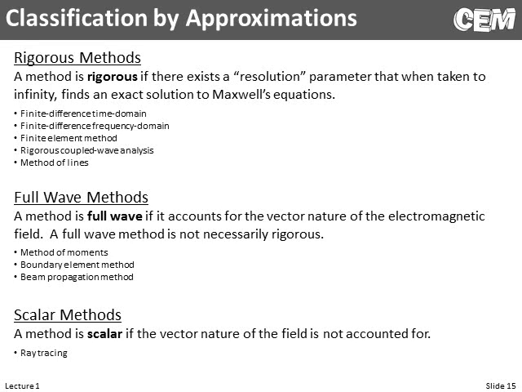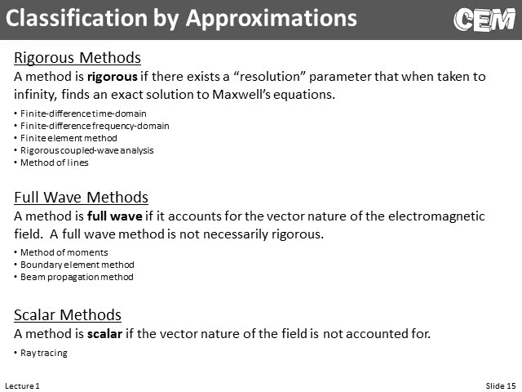So there's three words tossed around a lot. I just did one, rigorous method versus full wave method, and those are different actually, versus a scalar method. Rigorous means we are solving Maxwell's equations as exactly as possible. There's no approximations built in.